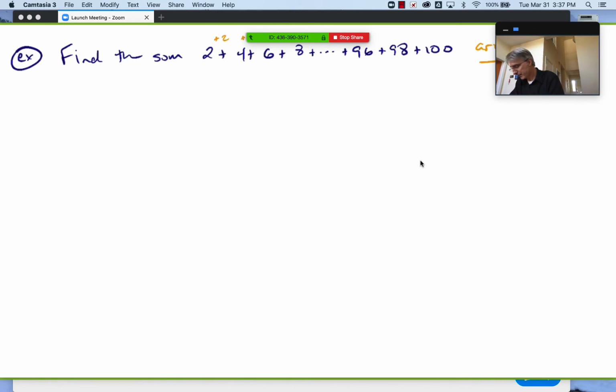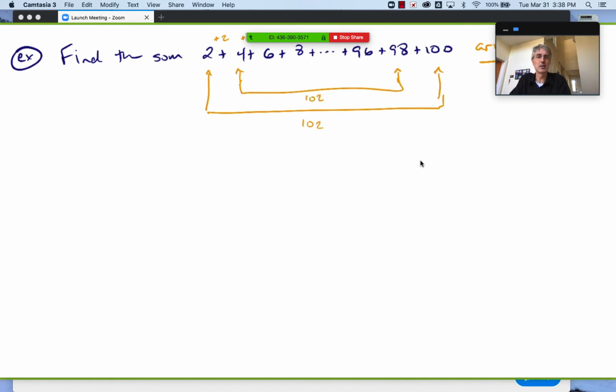The recognition is that if you look at the first term, 2, and the last term, 100, and add those together, I get 102. If I look at the second term, 4, and the second to last term, 98, those two terms together also add up to 102, and that's the key feature of arithmetic sums like this, that I can pair up terms and they'll have this constant sum.